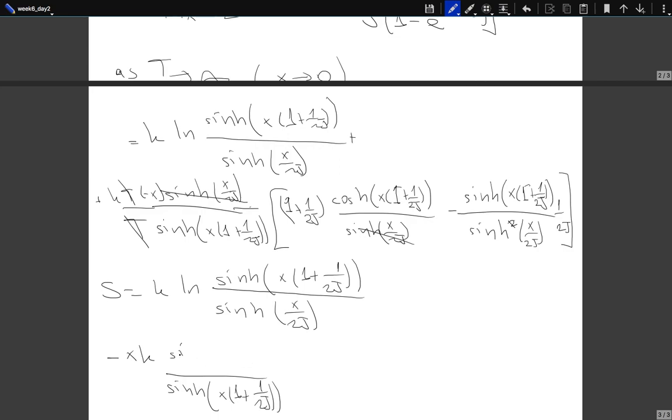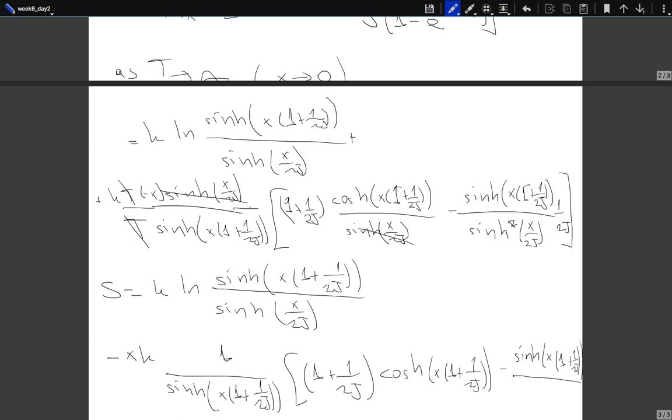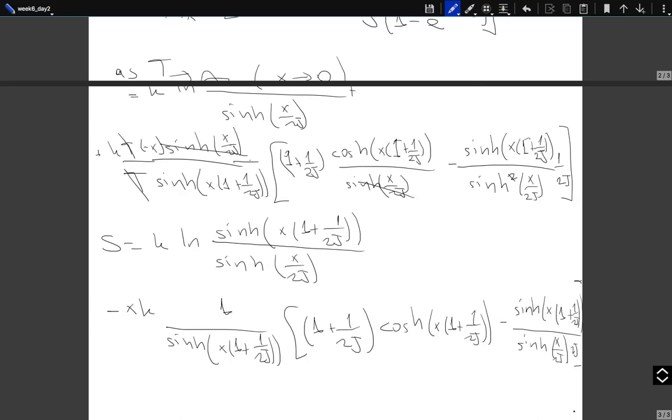Inside we have (1 plus 1 over 2j) cosine hyperbolic x times (1 plus 1 over 2j) and minus, okay, this sine hyperbolics. Okay, so this is our S.